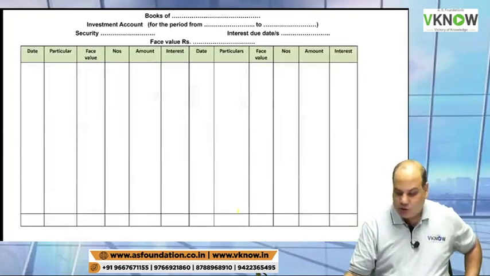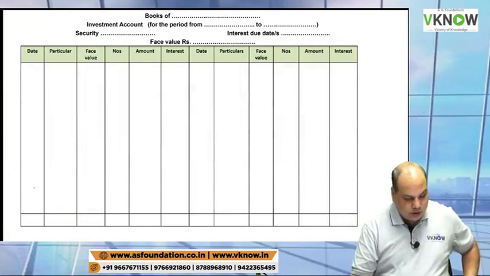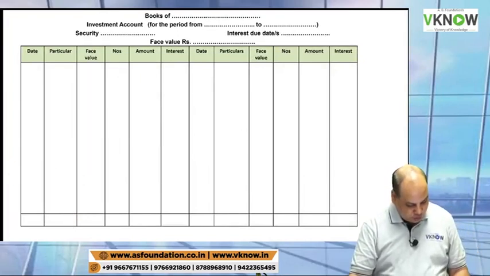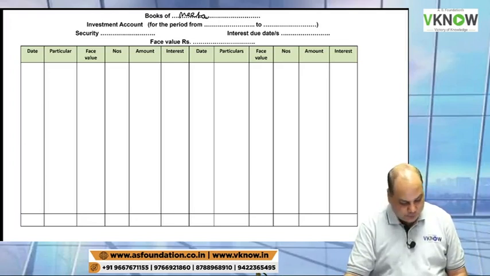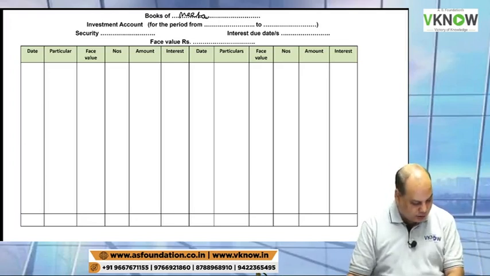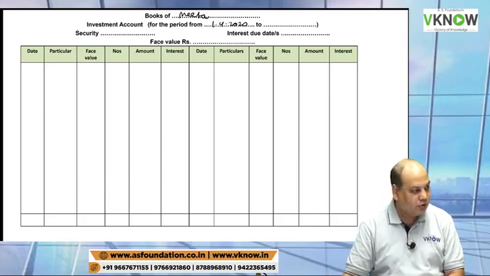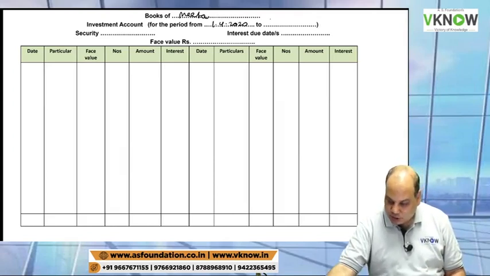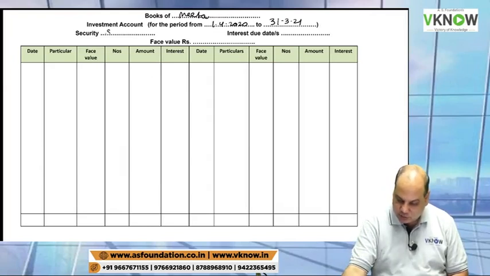So after that you draw this format. After writing investment in bond, write down books of, who is the investor here, Mita. Books of Mita. Investment account for the period from, what is the period in this question? 1st April 2020 to year ending date is 31st March 2021, and the security is 8% bond.